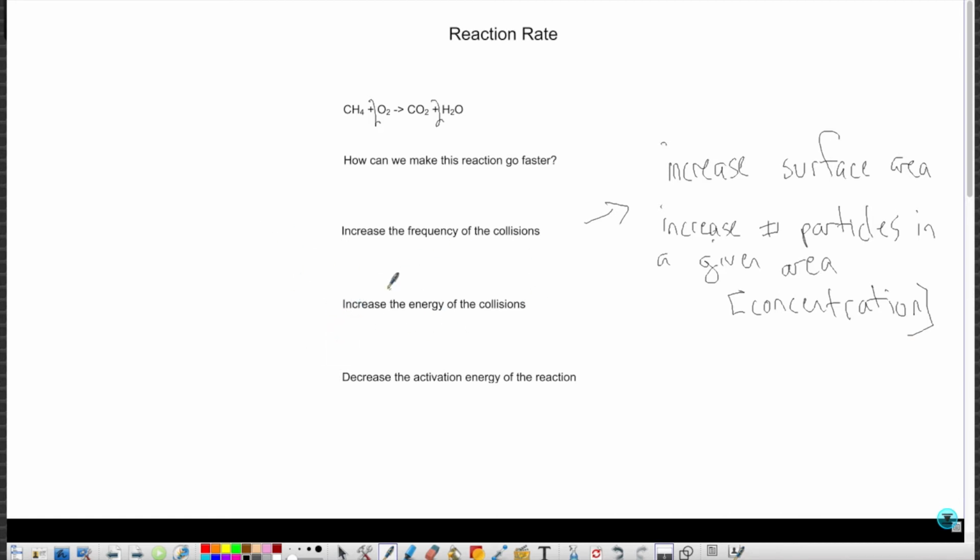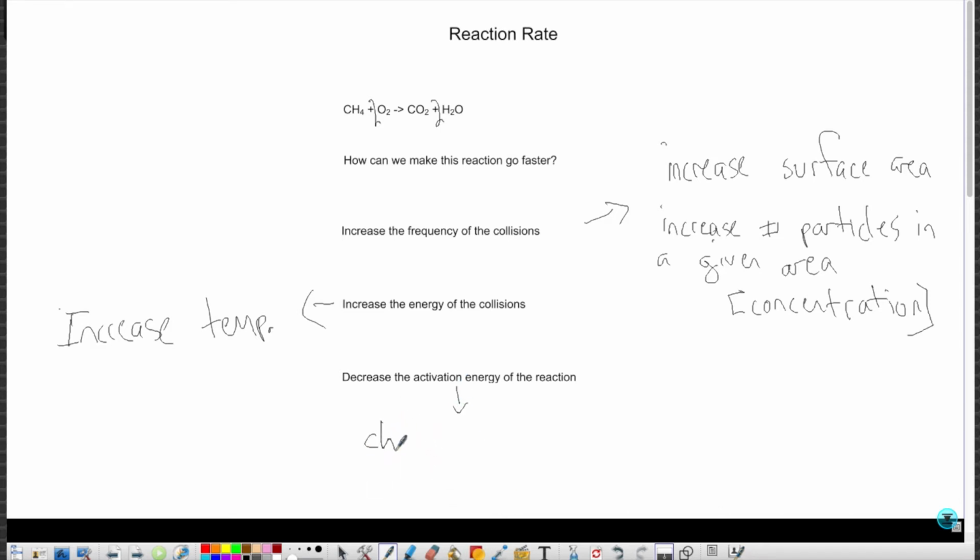All right, so how about increasing energy of the collisions? Well, how do you increase the energy of particles? That one's easy. You increase the temperature. Right? Because remember that the temperature is related to the average kinetic energy of the particles. Decrease activation energy of the reaction. Well, there are two different ways you could do that.